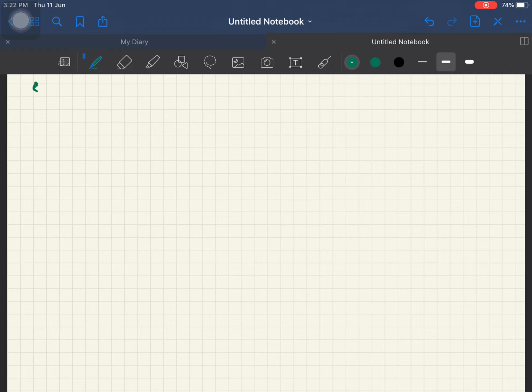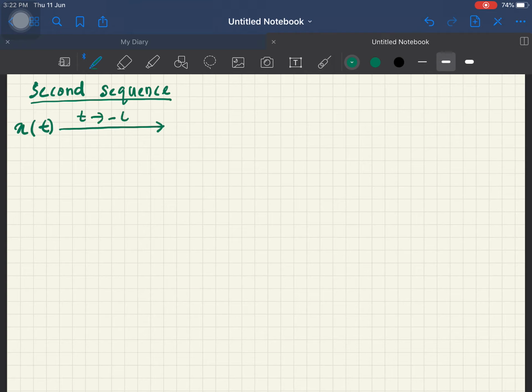Let's say we choose sequence 2, the second sequence, where at first I do the time inversion, which is t becomes minus t, so you have x of minus t.